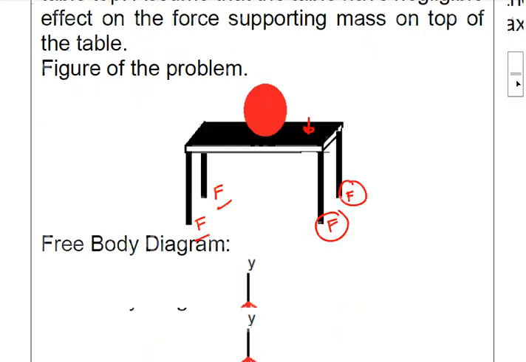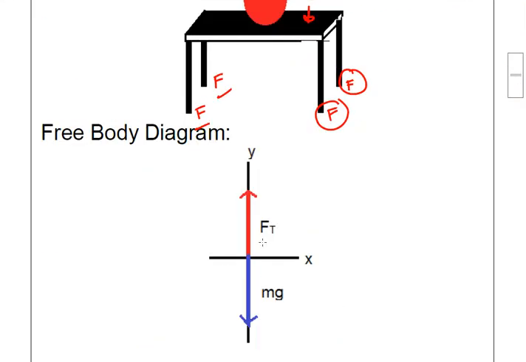So the free body diagram: you have here the force supporting, and you have here the weight. But this Ft here is basically equal to the sum of the forces exerted by the force supports.